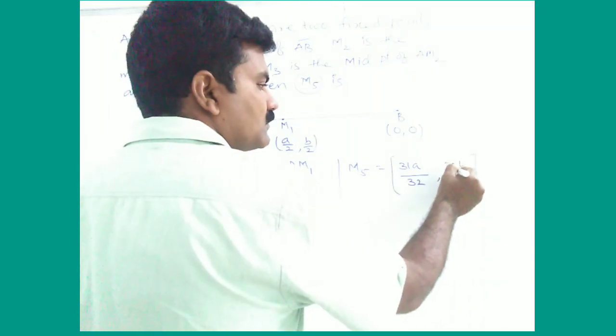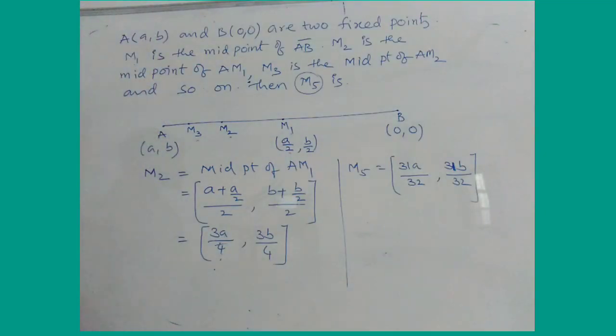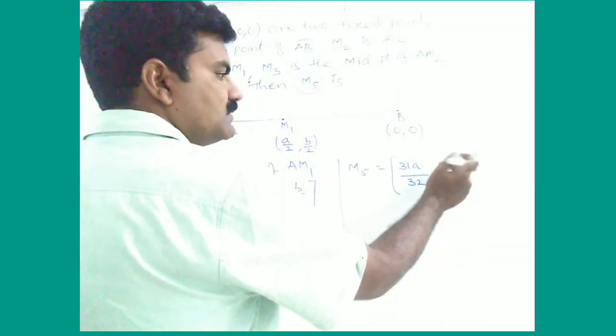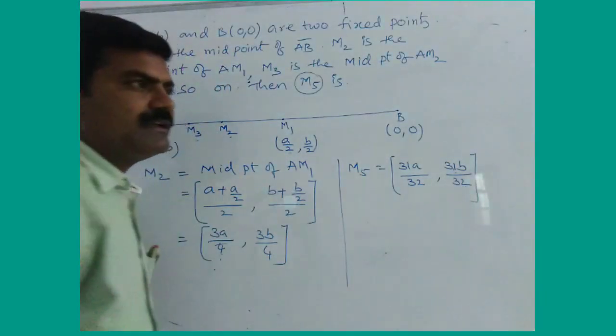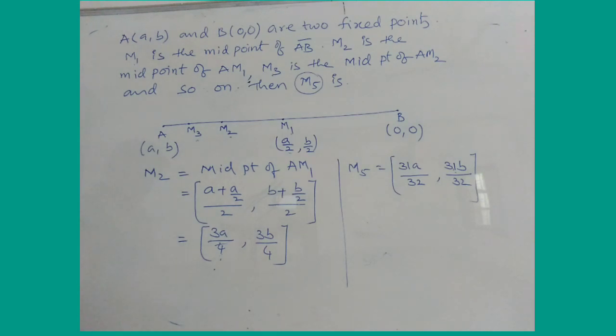So therefore, coordinates of M5 are 31a/32, comma 31b/32. Understood? So just try to identify the logic so that no need of solving each and every point. Then the required one we can guess easily.